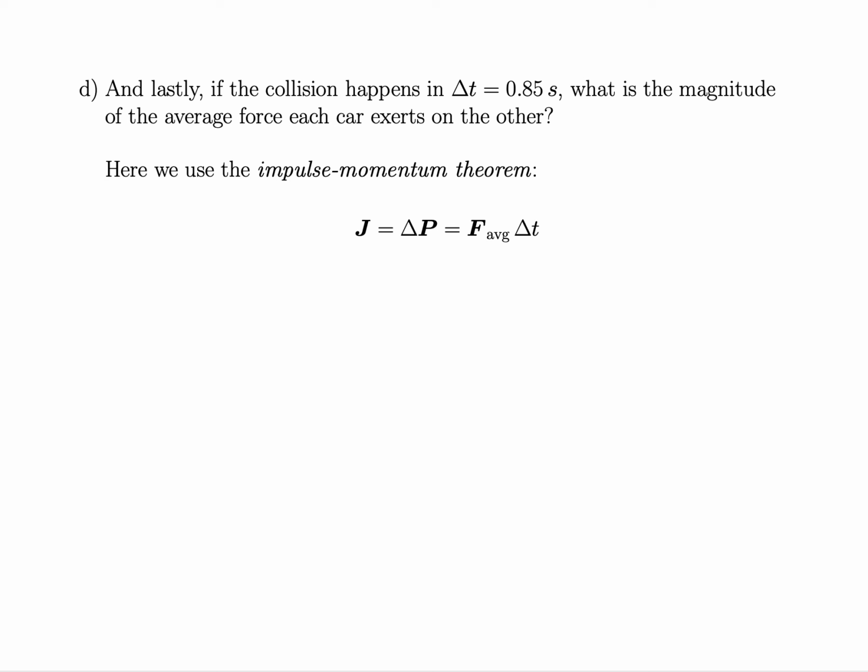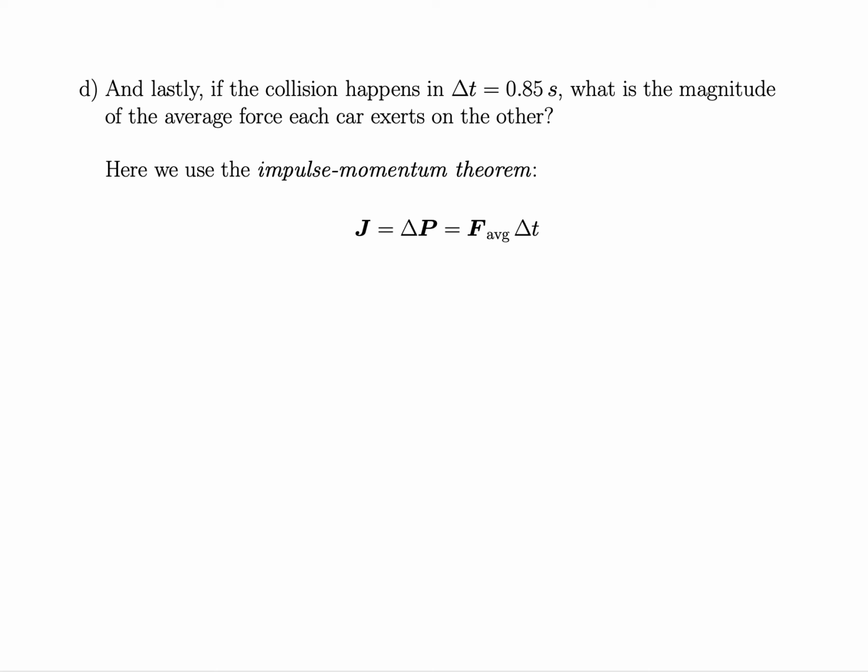So we use the letter J to be a placeholder for the word impulse. And it's a little bit circular, but all impulse is a change in momentum, delta P. So the impulse-momentum theorem simply says that J equals delta P. So we have delta P for one of the cars, so we know what the impulse is.